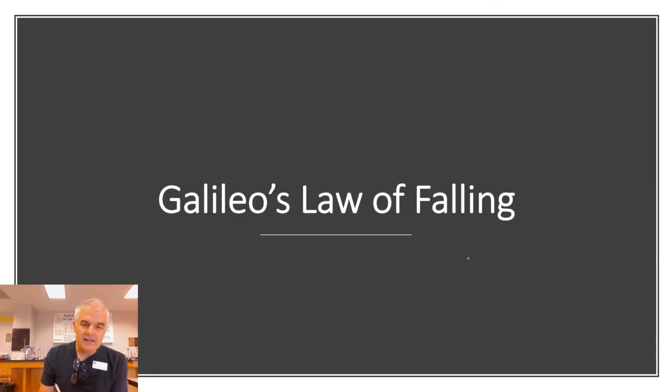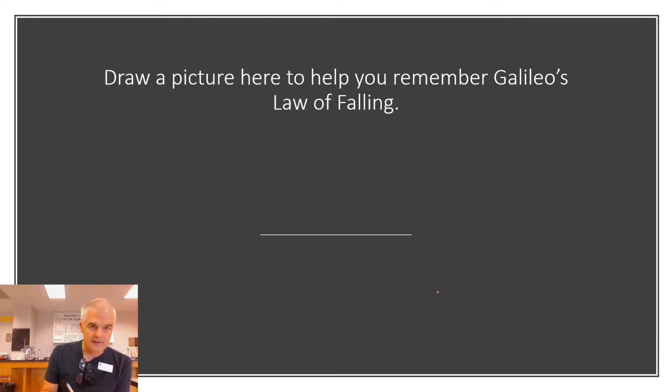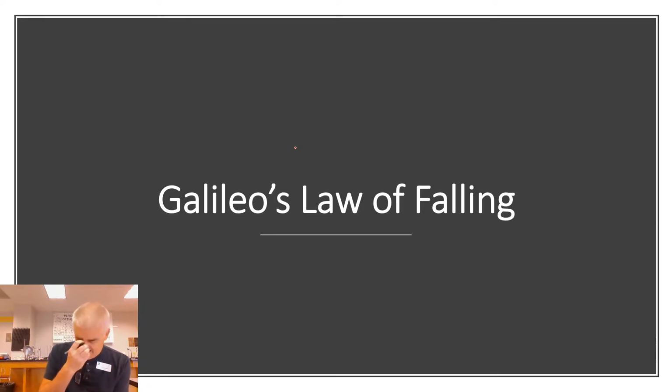So this leads us to Galileo, who found that to be true. He had an interesting thing called his law of falling. So that leads us to what Galileo said was the law of falling. Now, this is Galileo, who did this crazy important experiment where he dropped things off the Leaning Tower of Pisa, the whole ball game, and he said this.